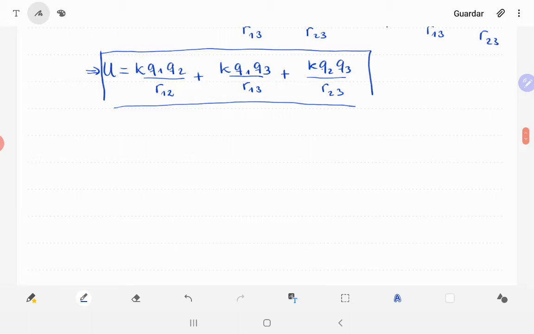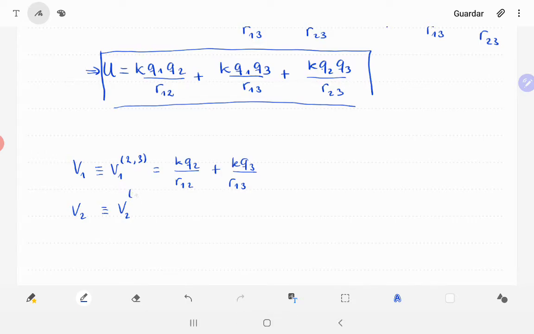To do so, I'm going to define V1 as the electric potential that we have at point 1 from all the other point charges. In this case, this is for point charge 2 and point charge 3, which is K Q2 over R12 plus K Q3 over R13. The same for V2: the potential at point 2 because of all the other point charges.